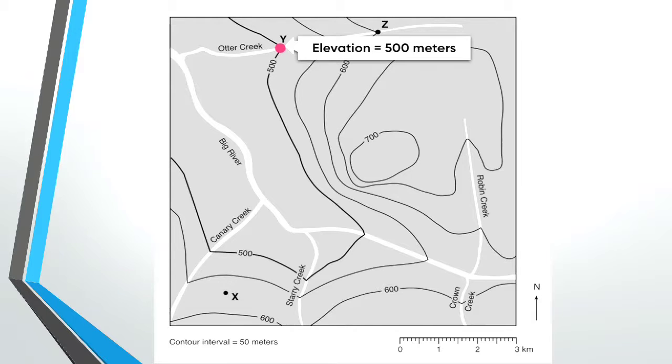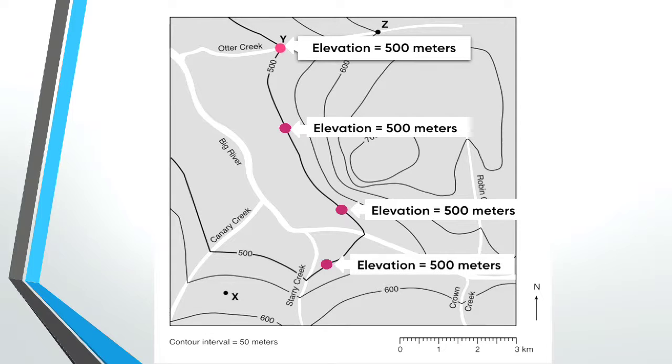If I locate the point Y on the map, I know its elevation is 500 meters, because point Y is directly located on the 500 meter contour line. By understanding the contour line, I know that any point on the line has the same elevation, and the other lines represent other elevations.